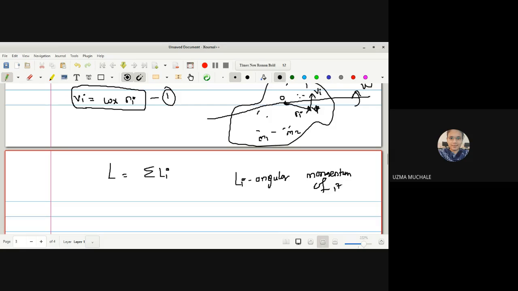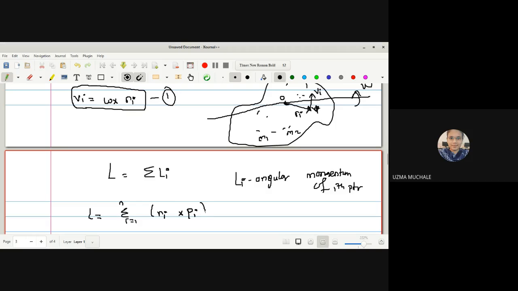L is equal to the summation over i running from 1 to n, because we have considered n particles with masses m1, m2 up to mn, where i is the ith particle, Ri is the position vector of the ith particle, and Li is nothing but Ri cross Pi.